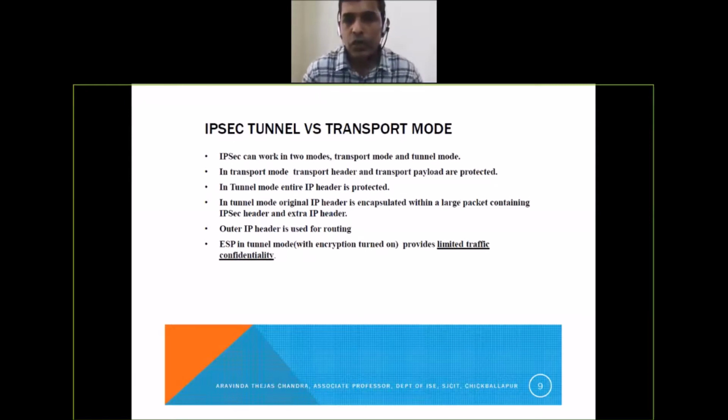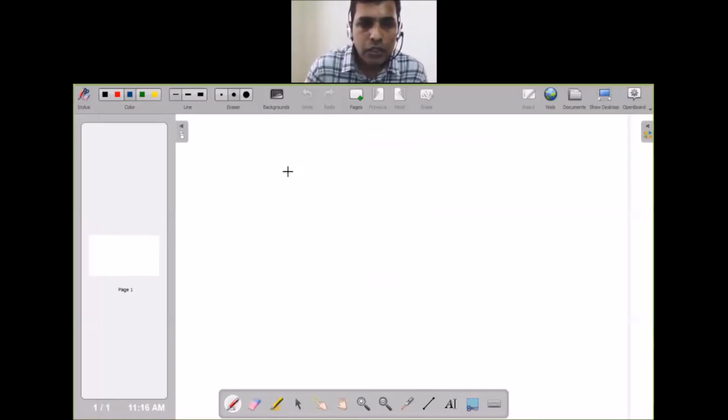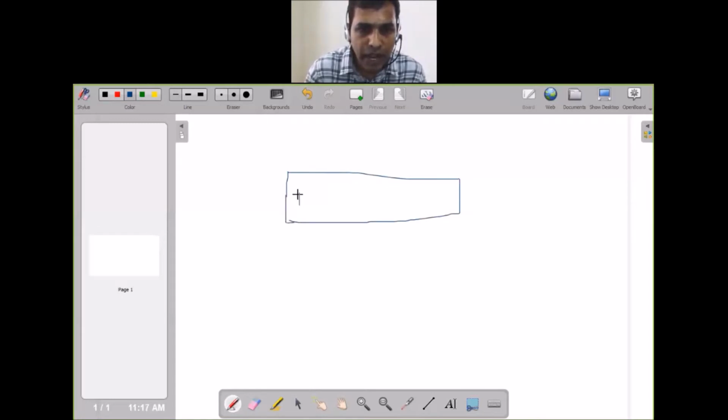If you are not sure, let me make it clear. Assume this is a packet, which consists of the IP header, followed by the transport layer header like TCP, if the application is using TCP, or it may be UDP, and this is your payload.